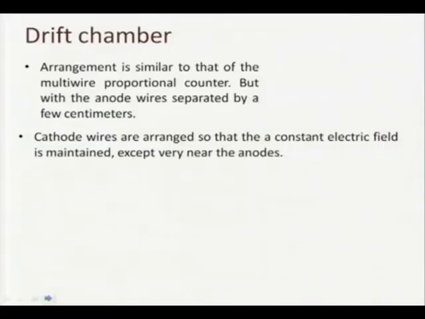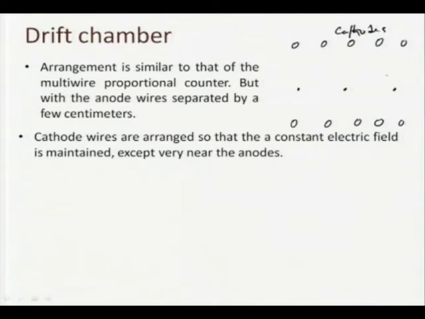In the case of the drift chamber, there is an arrangement of cathode wires, these are cathode wires, and anode wires, so that there is reasonable separation between the anode wires, typically a few centimeters.